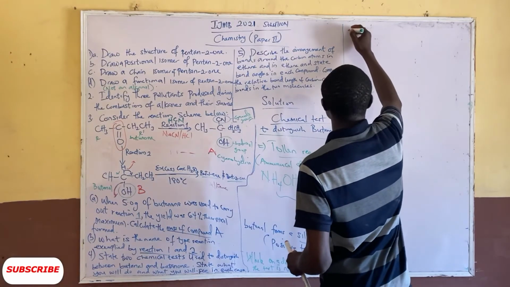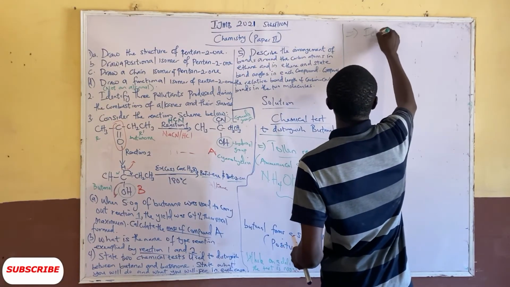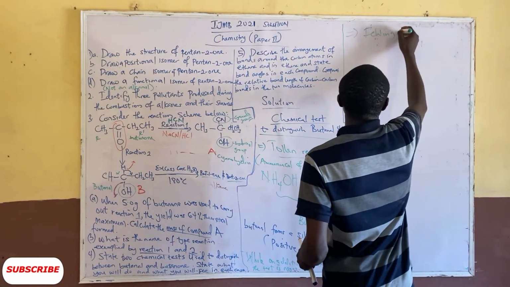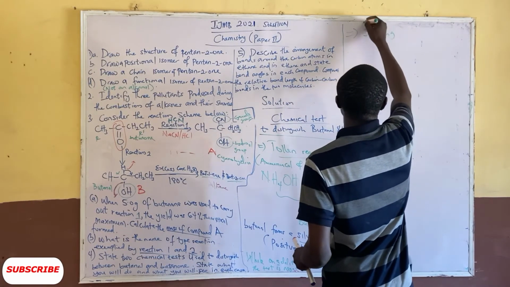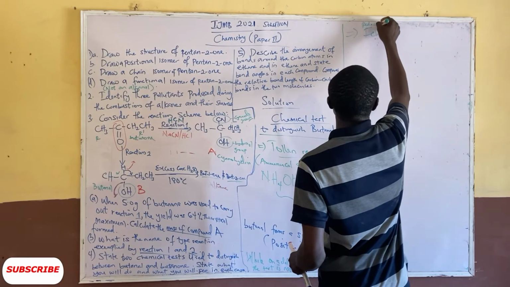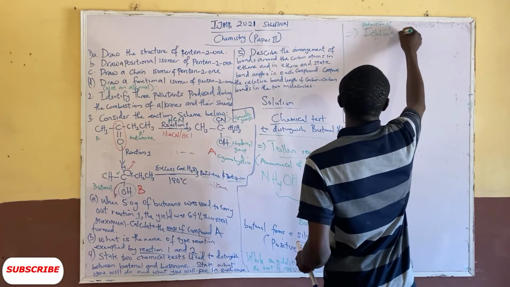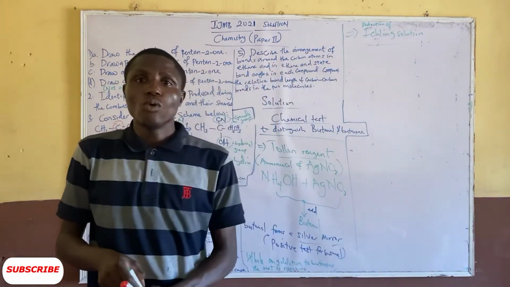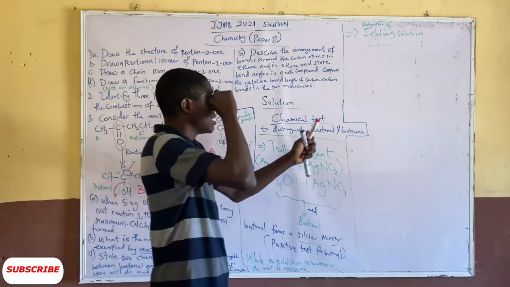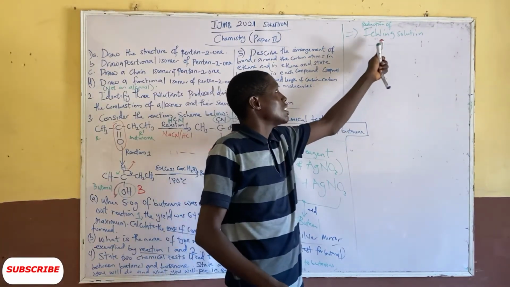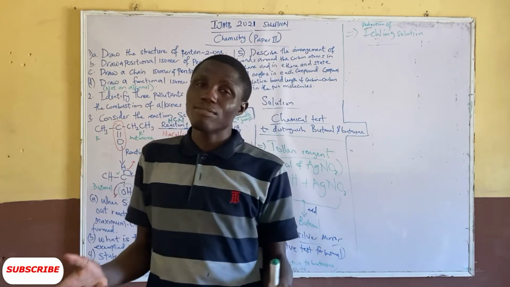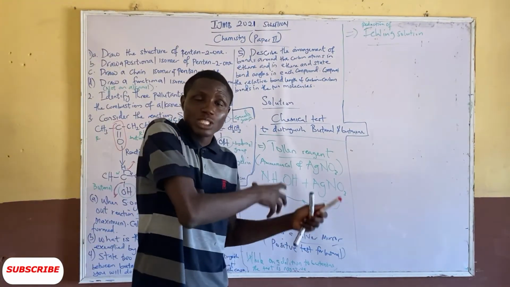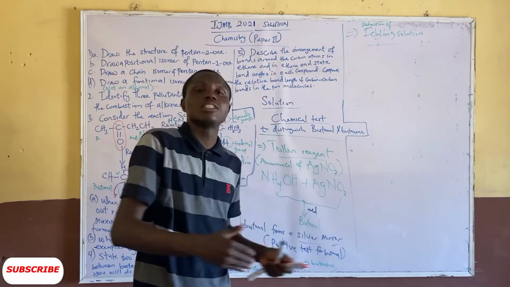The second test is the use of Fehling's solution, reduction of Fehling's solution. Butanal reduces Fehling's solution, so we can use it to distinguish butanal from butanol.